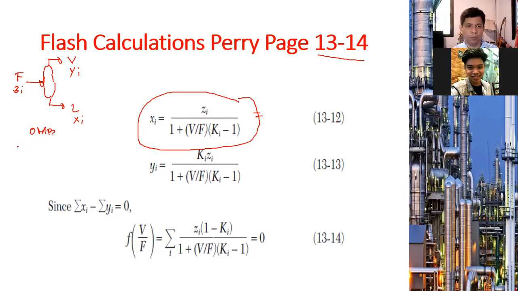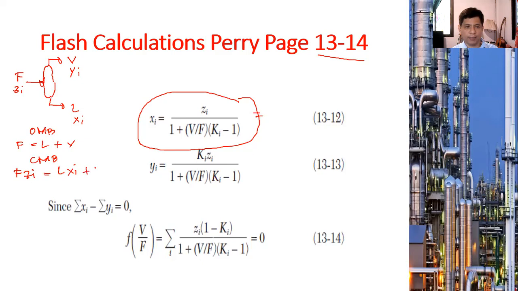So ang overall mole balance natin is F is equals to L plus B. Tapos ang component mole balance naman natin ay F times Z sub I is equals to L times X sub I plus B times Y sub I. Do you have any question at this point? Tandaan nyo pa to? Check-out nyo? Tinanong ko kayo, baka namang basic naman to. Okay, very good, Dorothy.